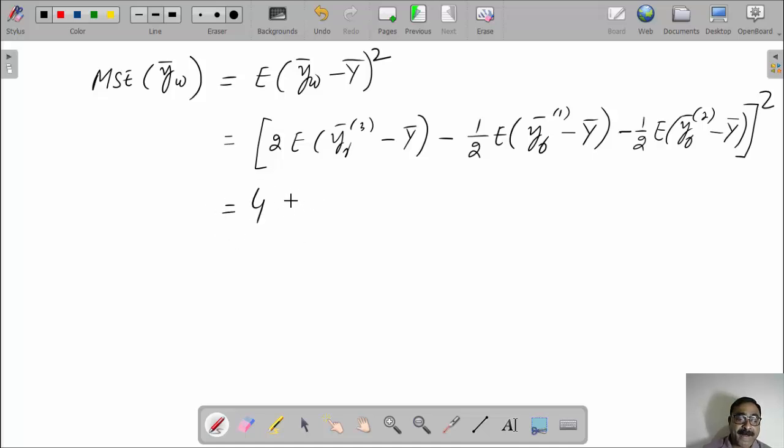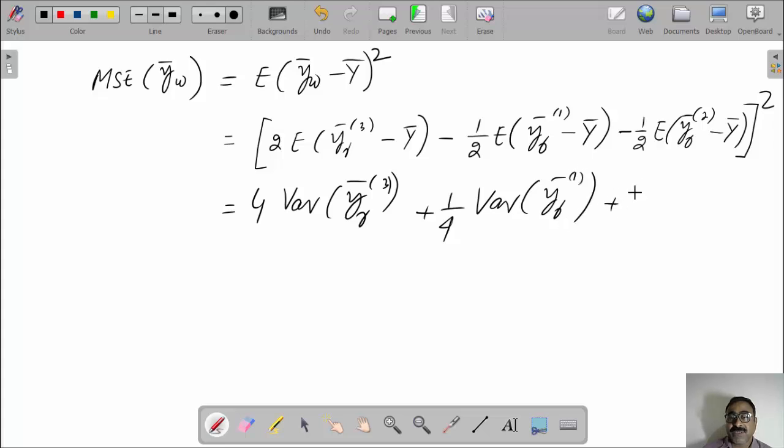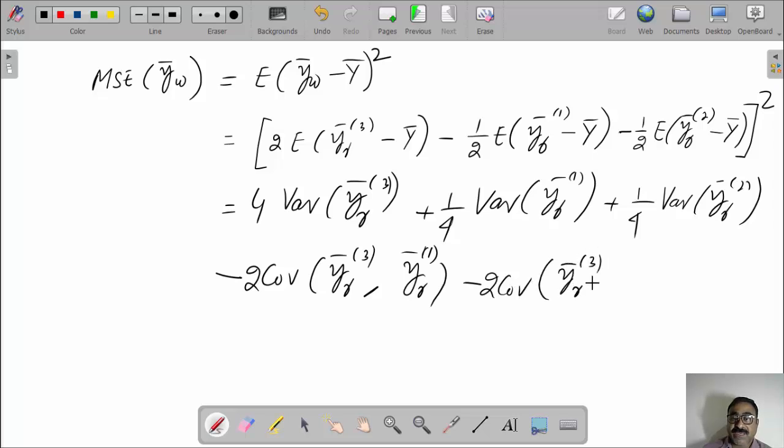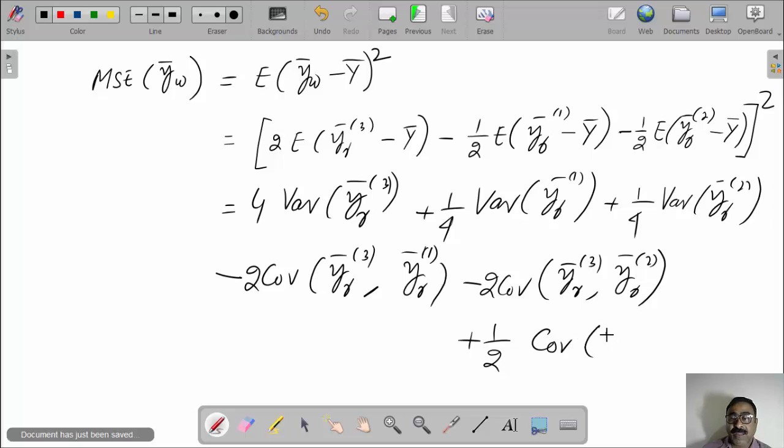Now that is equal to 4 into variance of y r bar 3 plus 1 by 4 variance of y r bar 1 plus 1 by 4 variance of y r bar 2 minus 2 covariance of y r bar 3 and y r bar 1 minus 2 covariance of y r bar 3 and y r bar 2 plus 1 by 2 covariance of y r bar 1 and y r bar 2.